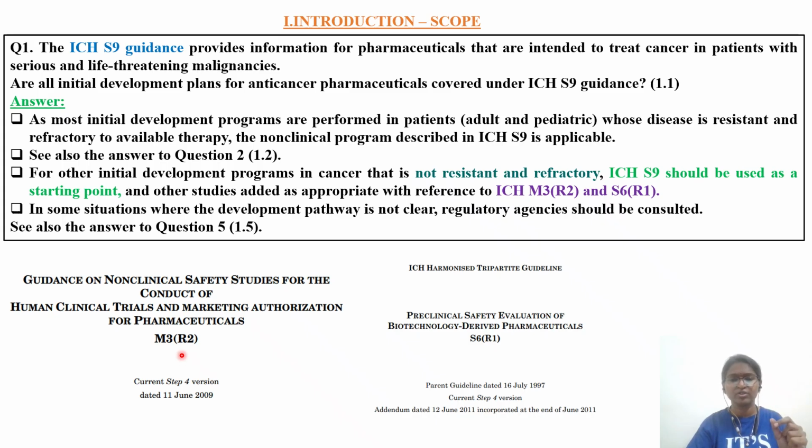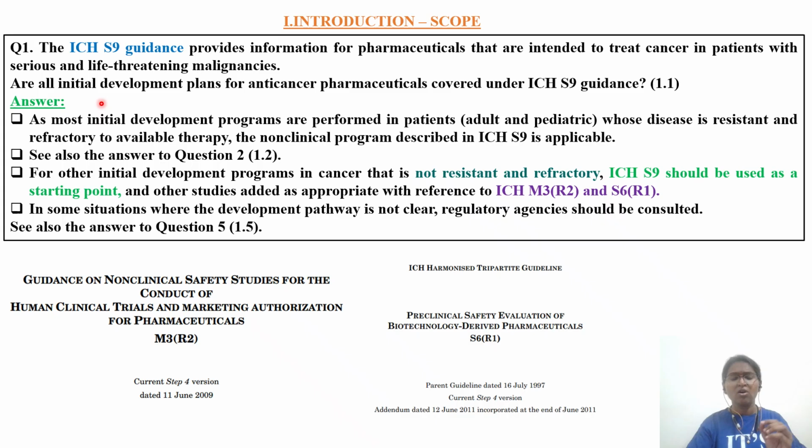For small molecules, this M3R2 guideline is applicable. Similarly, the ICH S9 guideline is applicable only to anti-cancer drugs for the treatment of cancer patients with serious life-threatening disease, meaning they are almost about to die in another 2 months or 6 months.